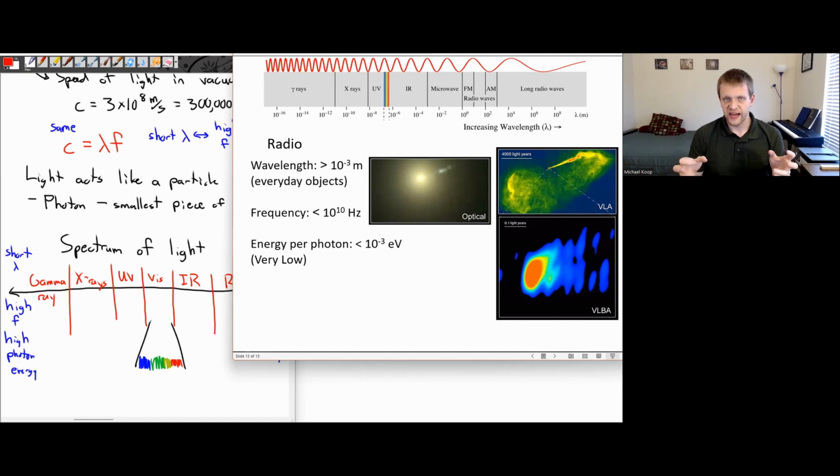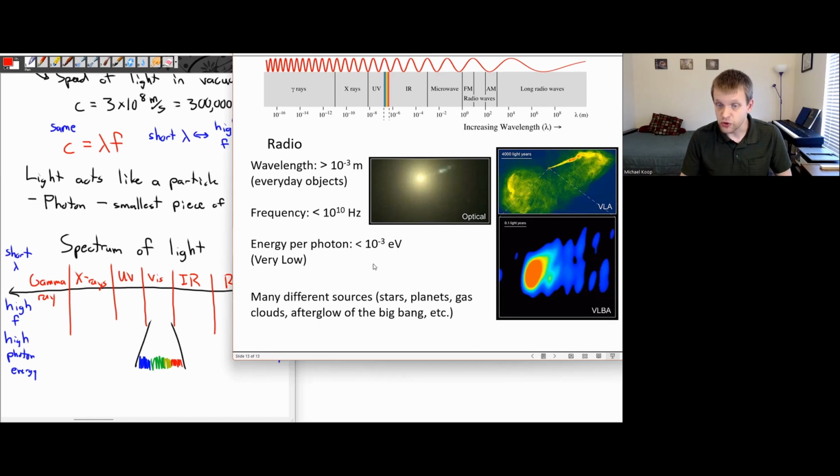Low enough that these radio waves can't cause biological damage, can't do things like break apart your DNA and increase the risk of cancer. The frequencies of the electromagnetic radiation that your cell phones use are not high enough to cause cancer. But radio waves are produced naturally by lots of different kinds of systems.